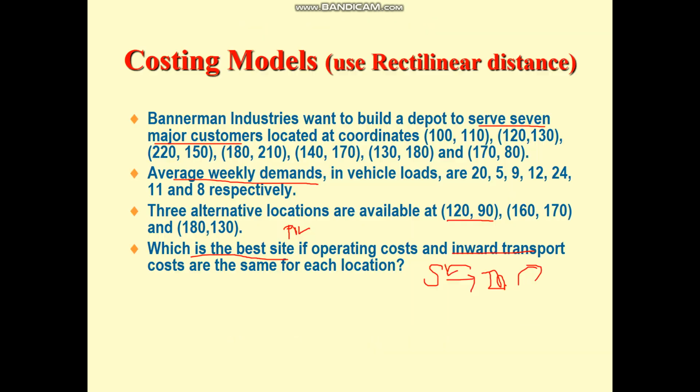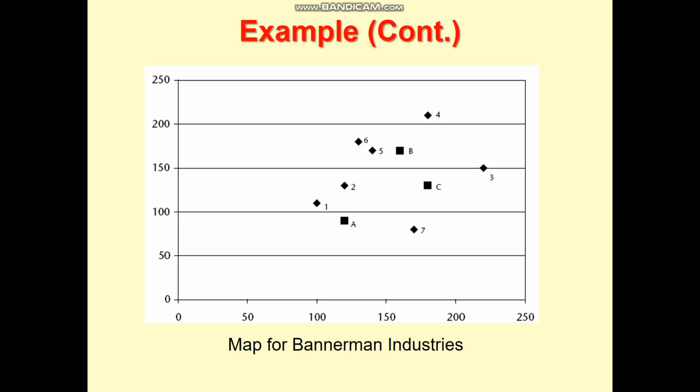Here we can see the locations of the 7 customers, 1, 2, 3, 4, 5, 6, and 7, and here are our 3 potential locations. We want to see which one is the best one.